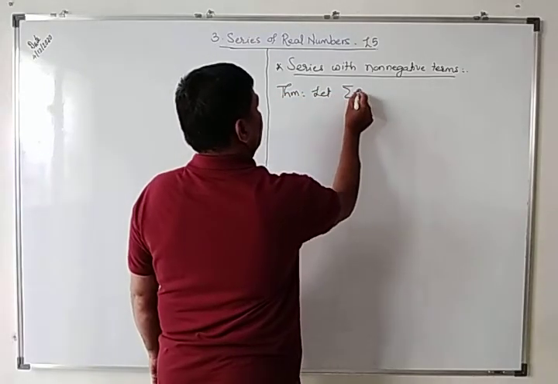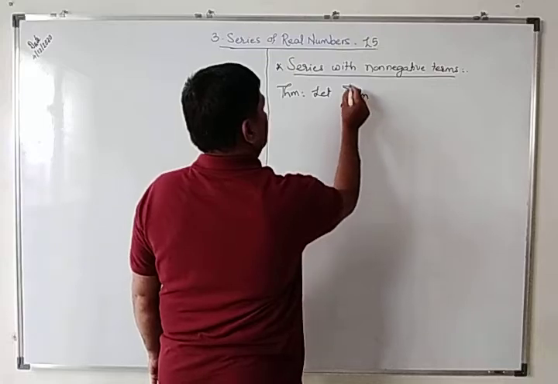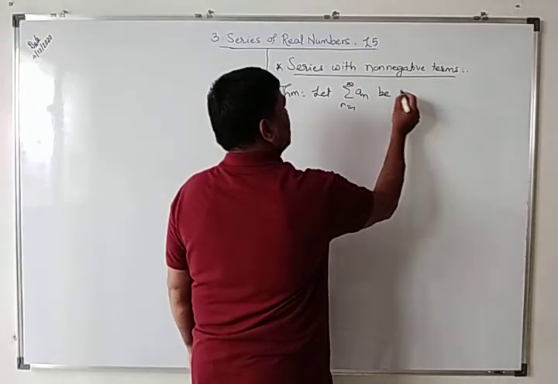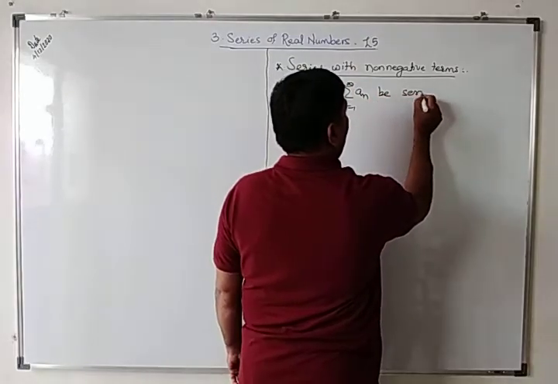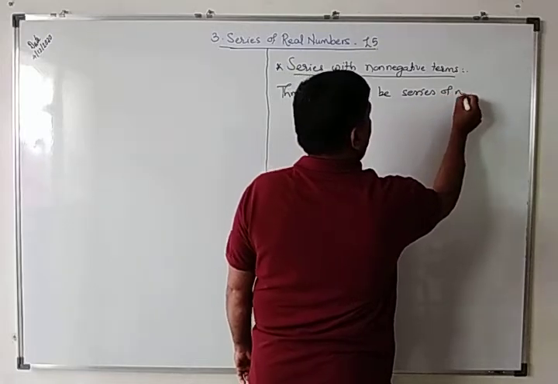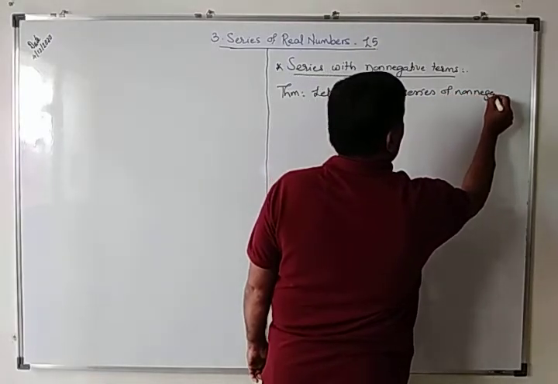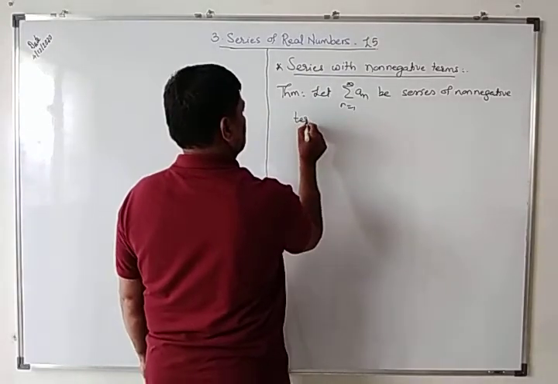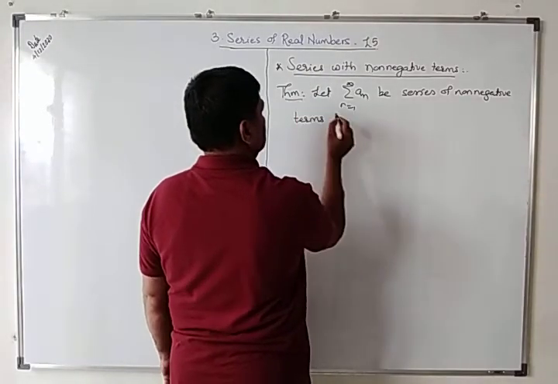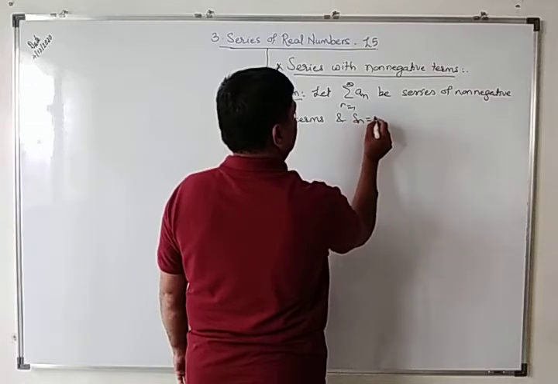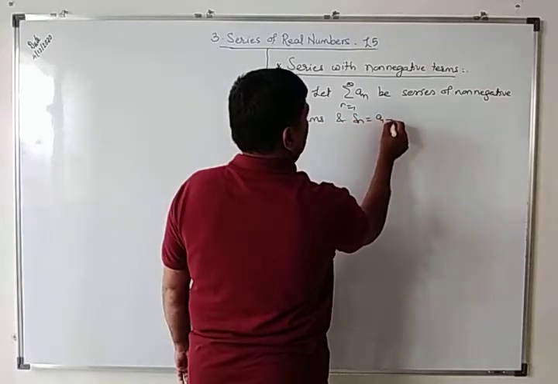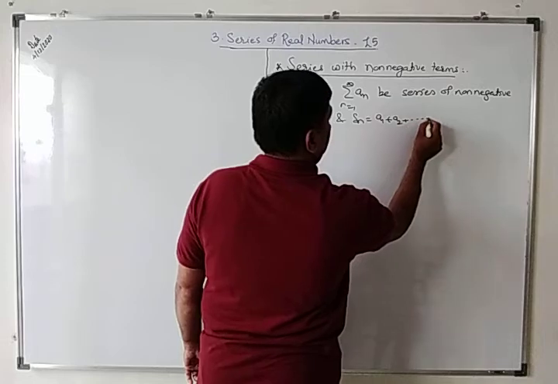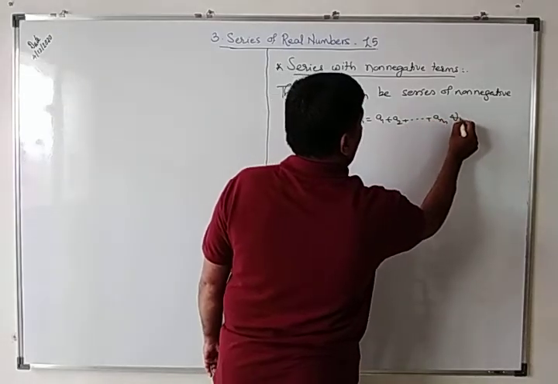Let summation a_n, n equal to 1 to infinity, be a series of non-negative terms, and S_n is equal to a1 plus a2 plus ... plus an for every n.